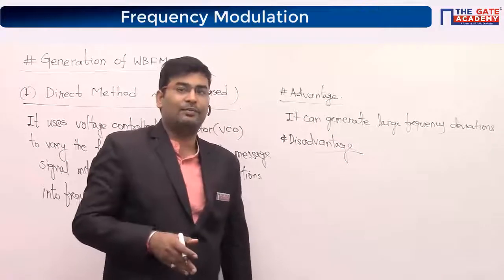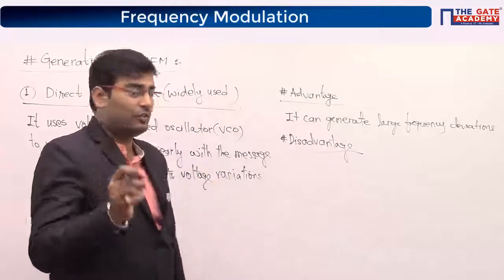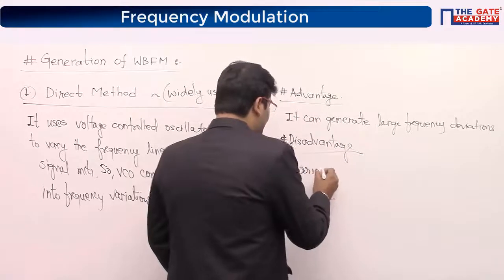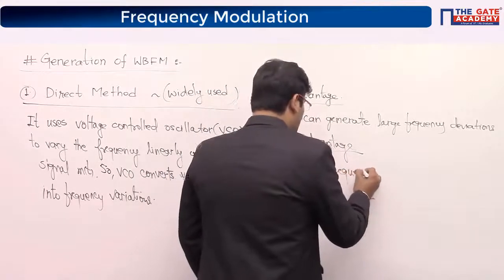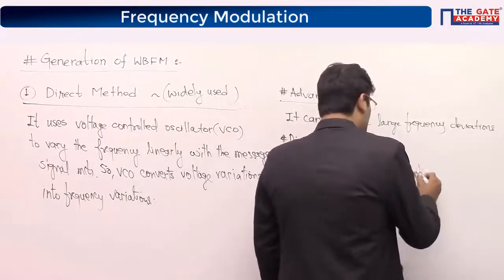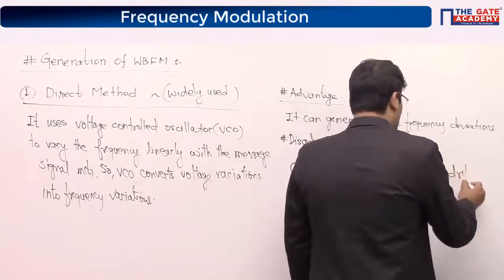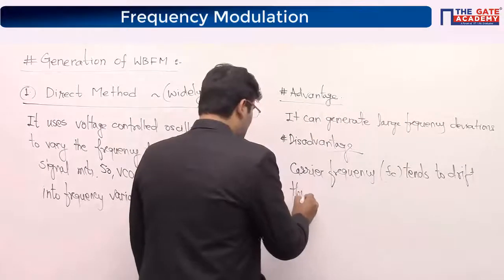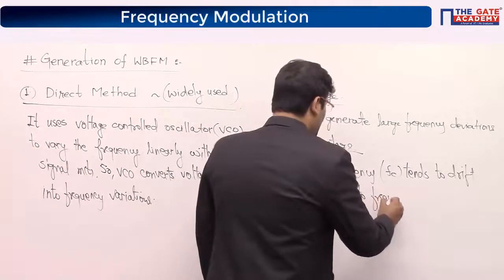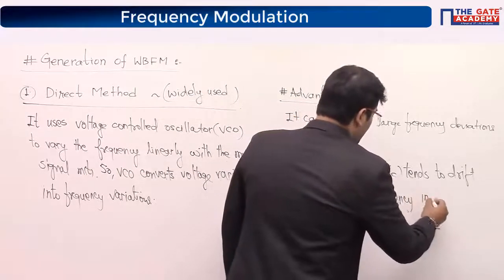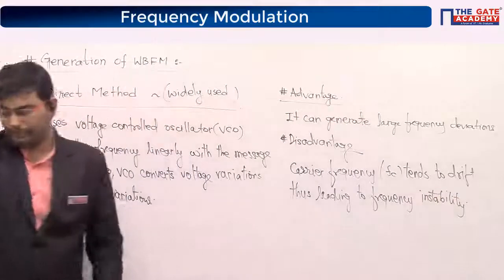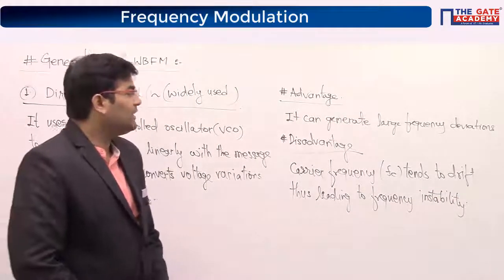The carrier frequency, which is fc, tends to drift, thus leading to frequency instability, which we don't want. So these are the advantage and disadvantage.